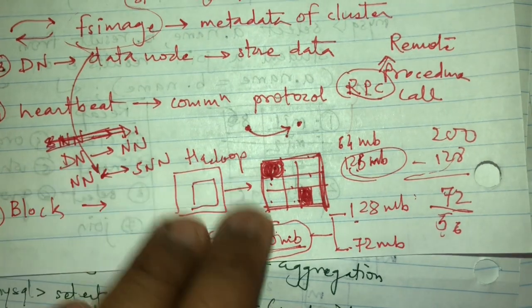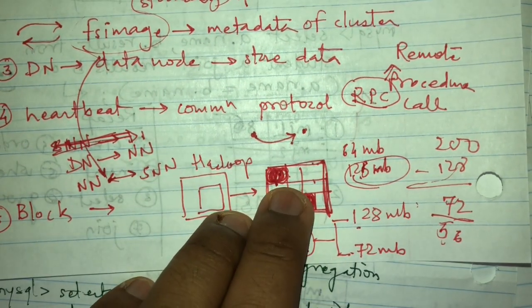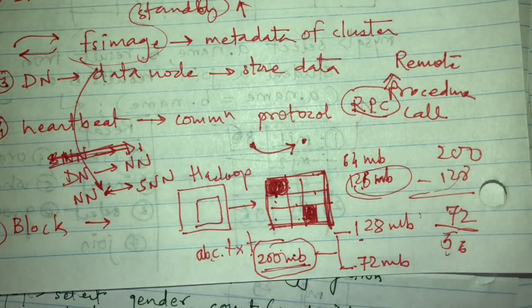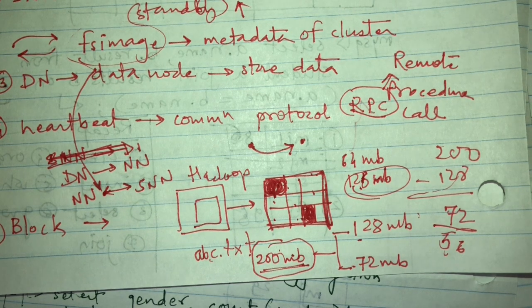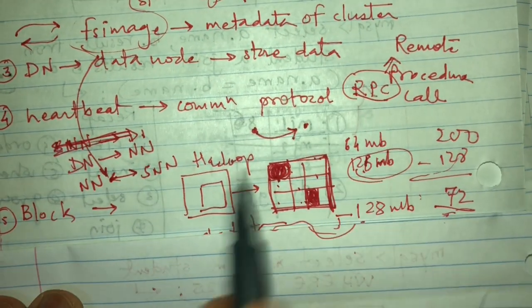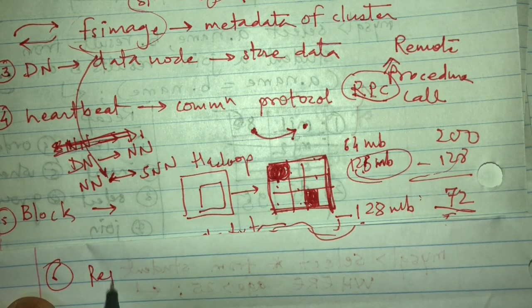So this is how it works, and this is how the blocks are constructed in HDFS. Again, I'm going really fast with a broad definition in mind, but you can always get in touch if you want me to dive into details for this. Now the second one that I want to touch upon here is Replica.